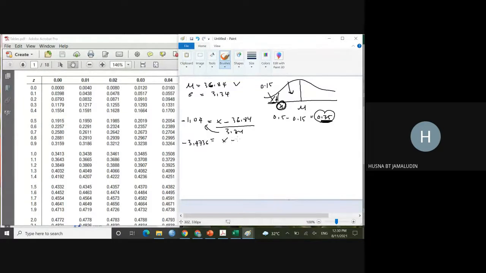Then you will have x minus 36.84, take this number and put it this way, and you will get your x equals 33.3664. Okay, so the same as yours, meaning a different question, but basically the question asks about the same thing.